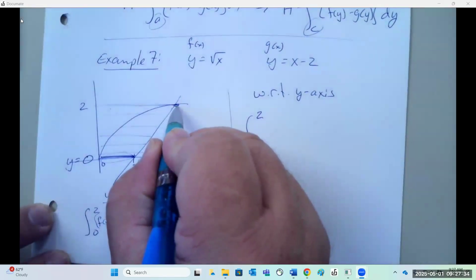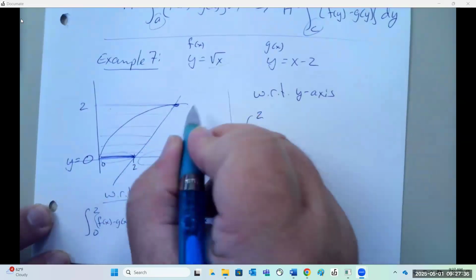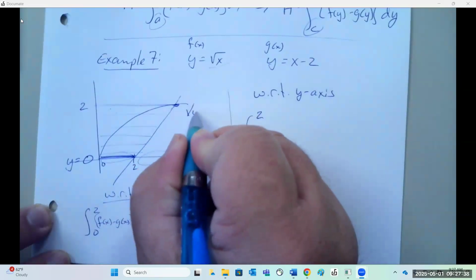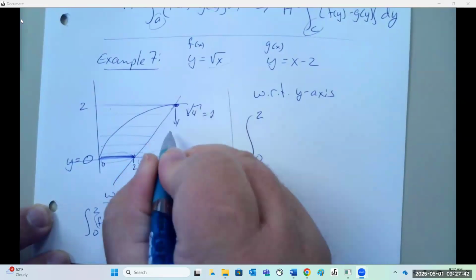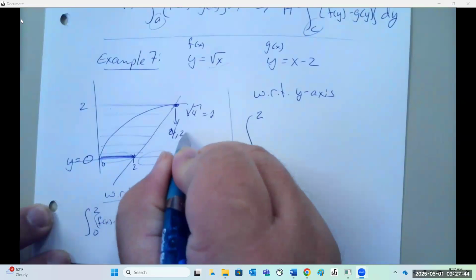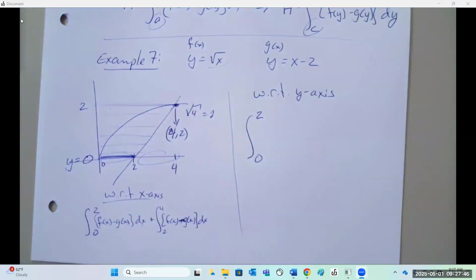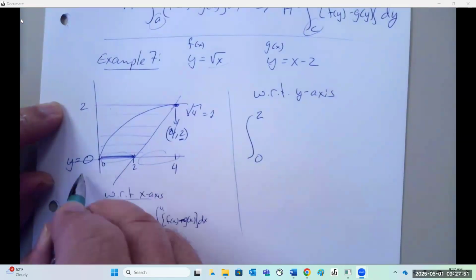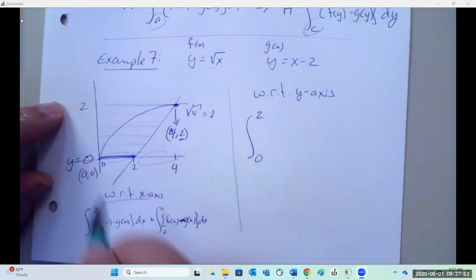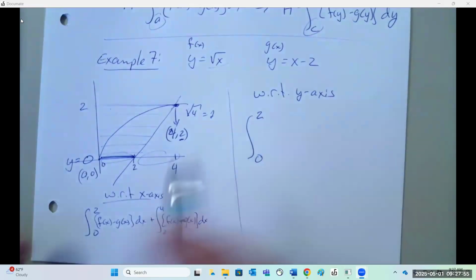What's the point of intersection? If we put 4 inside there, this point here is 4, 2. And we're taking with respect to the y-axis. So from the origin, which is 0, 0, from 0 to 2.